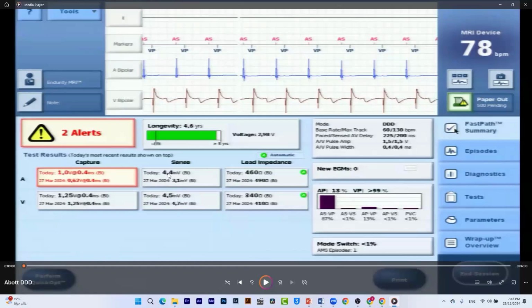Sensing: atrium P wave was 4.4, ventricle 4.5, impedance 460, 340. And the ventricular pacing was more than 99%. Atrial pacing is 13%. No stored event, and there is only one automatic mode switch episode. Our parameters: pacing mode DDD 60 over 130, paced and sensed AV delay 225 to 100, pulse amplitude 1.5 at 0.4 pulse width.